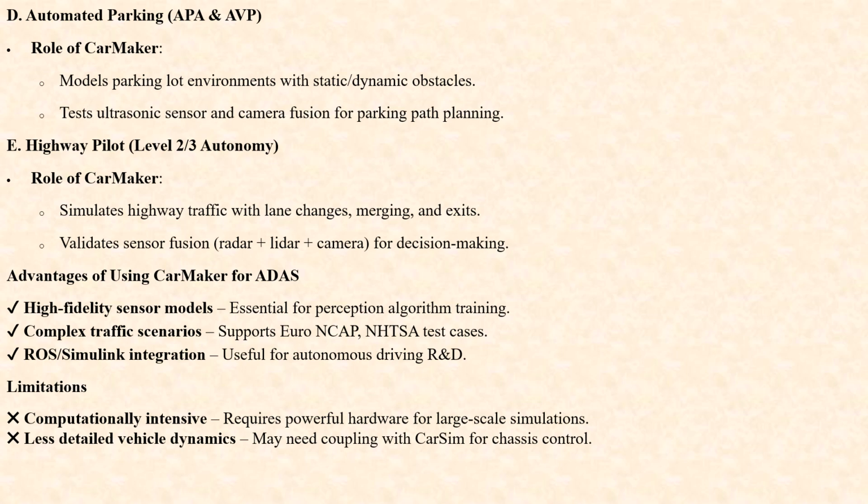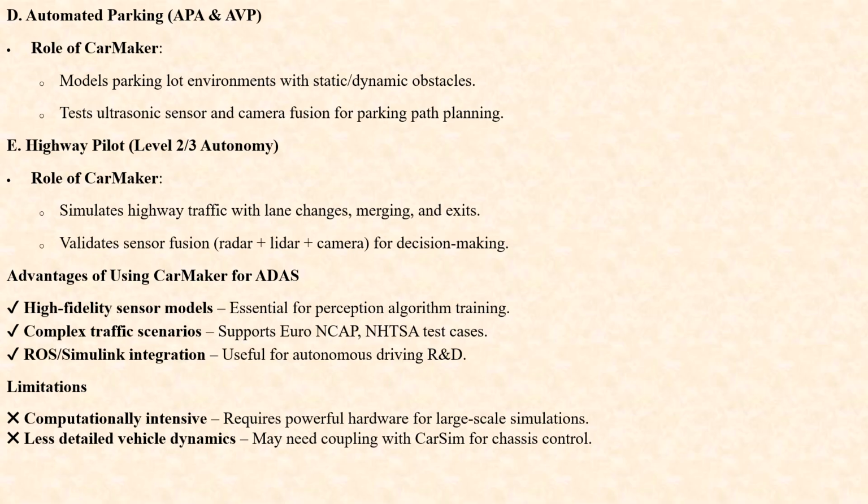Next comes automated parking. Role of CarMaker: it models parking lot environments with static and dynamic obstacles, and tests ultrasonic sensor and camera fusion with parking path planning. Highway pilot, again this is level 2, level 3 autonomy.